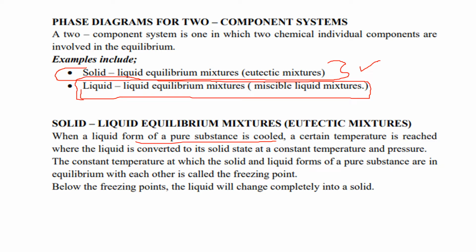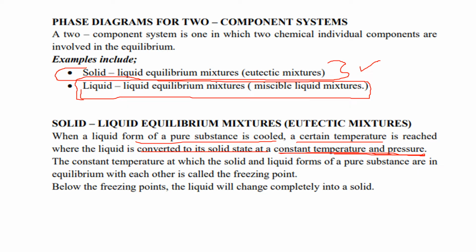But remember, we must be cooling at a constant temperature. A certain temperature is reached when a liquid is converted to its solid state at a constant temperature and pressure. Like I've already told you earlier, in physical equilibrium we are going to make temperature and pressure constant because these are the major things that we focus on.